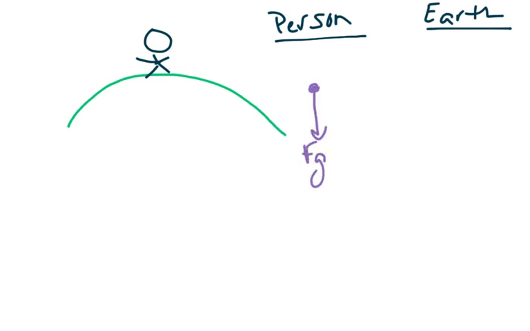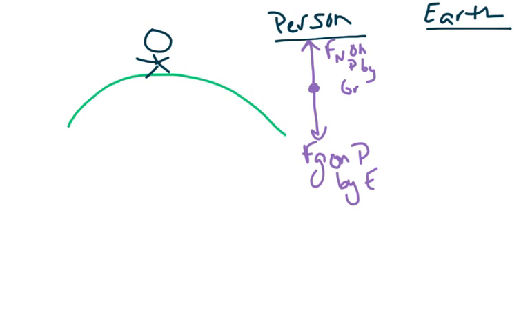If he's standing at rest, it's going to have the gravitational force on the person by the earth. And it's also going to have a normal force on the person by the ground, or the earth. You could say it that way too.